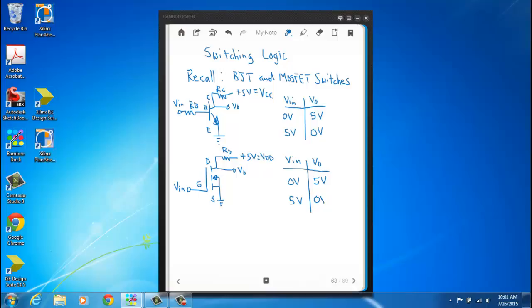So you see, whether you have a BJT switch or a MOSFET switch circuit of this type, you get the same relation between Vout and Vin, that Vout's always going to be the opposite voltage of what Vin is, right? Because there's only two possible voltages here at our input, 0 volts and 5 volts. So at the output, whatever the input voltage is, you're getting the opposite value. Okay, so 0 volts here, 5 volts, 5 volts, 0 volts, and same thing for the MOSFET switch circuit.